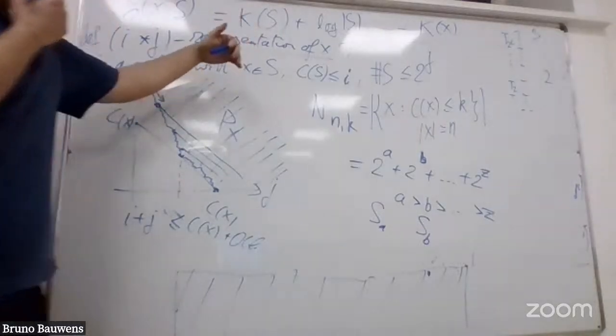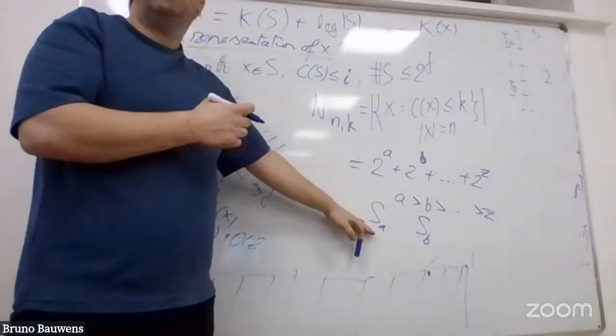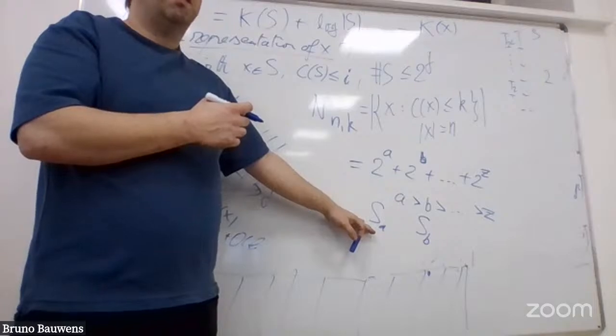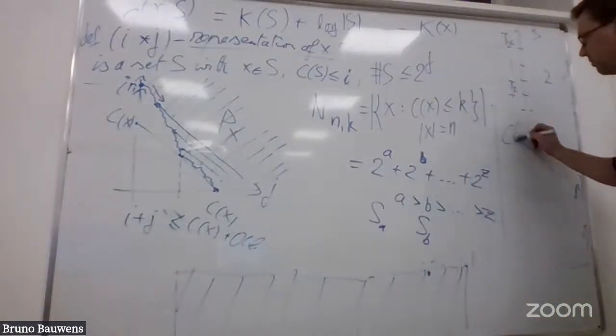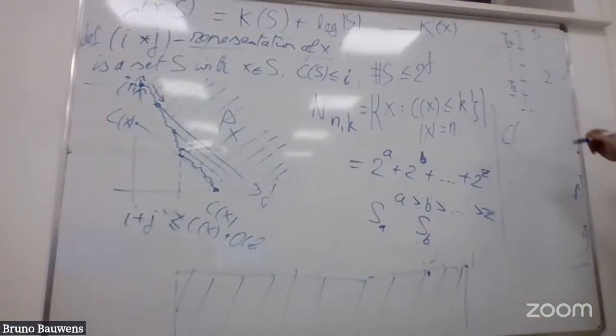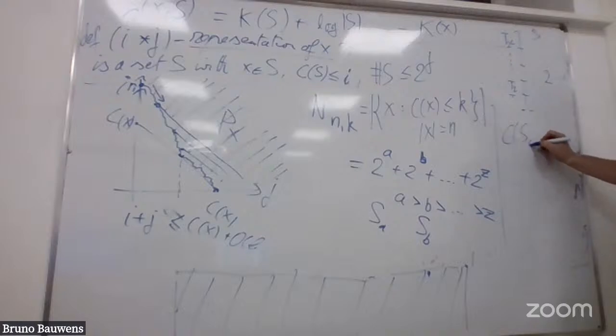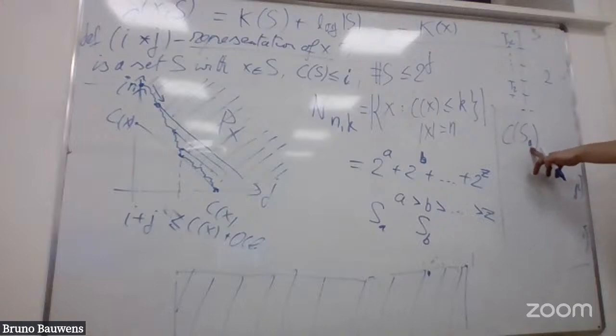Okay, by the way, what is the complexity of these sets? What is the complexity of S_A? That's very easy. You just need to know what A is to enumerate S_A.